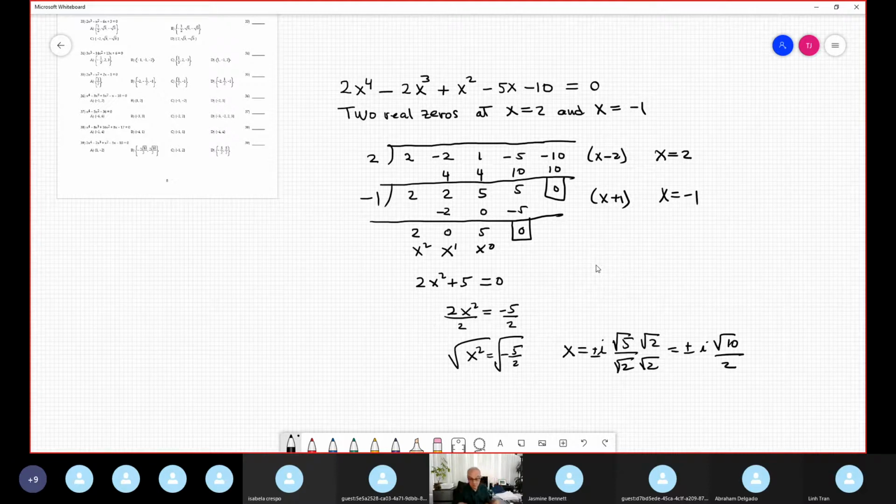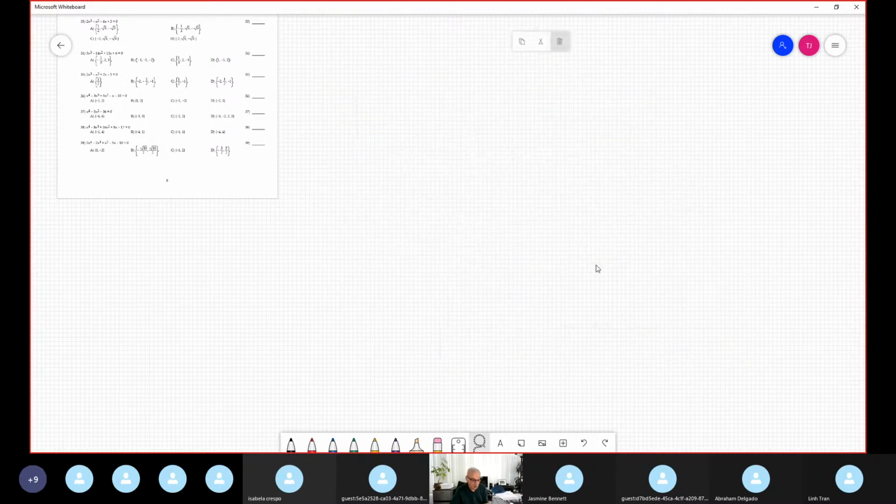Okay, and 40, we have that situation. 2x to the 4th power minus 17x to the cubic power plus 59.